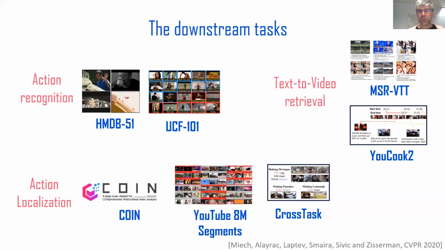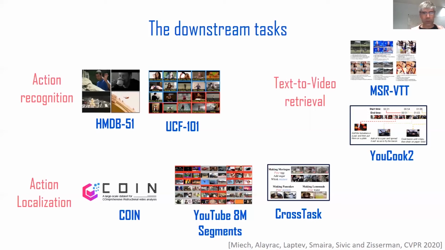We get two embeddings of size 512. We also train some models with smaller embeddings, which also works. And on top of this, we have our proposed MIL-NCE.